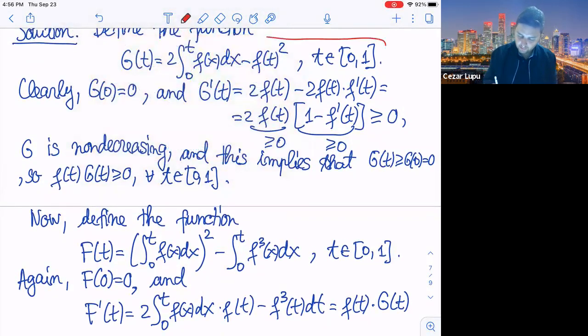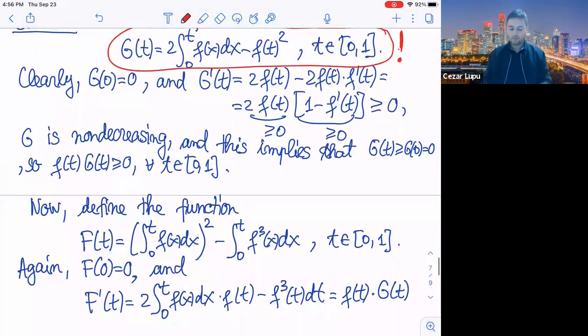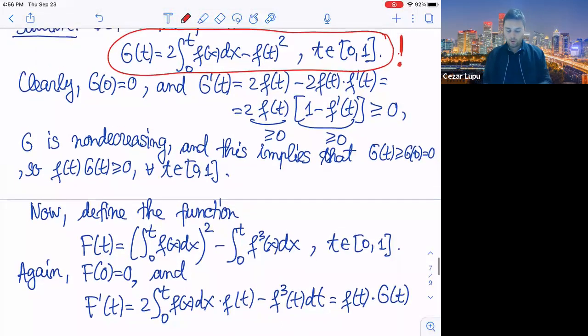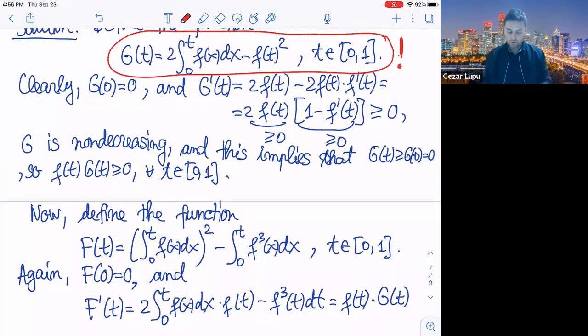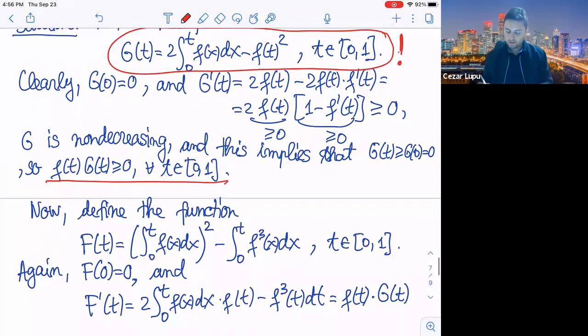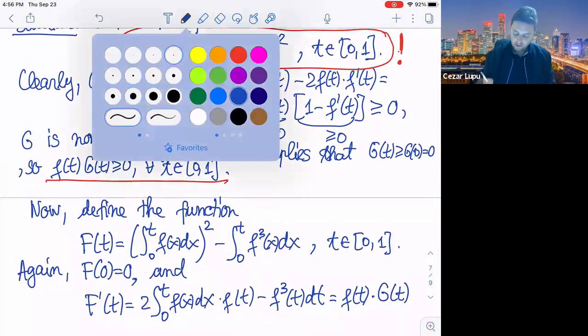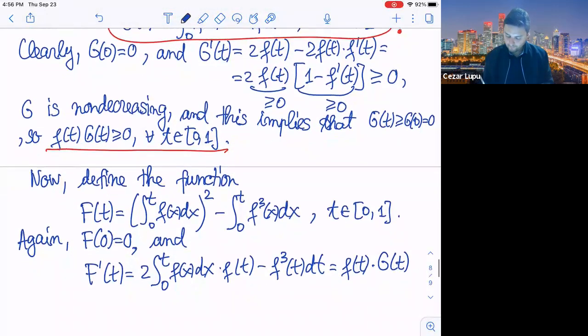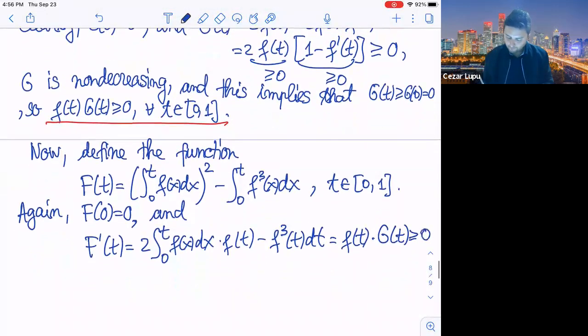You see this function here, so that's g of t. What do we know about that function? We actually proved here that this is non-negative. The whole thing is non-negative for all t in [0, 1].